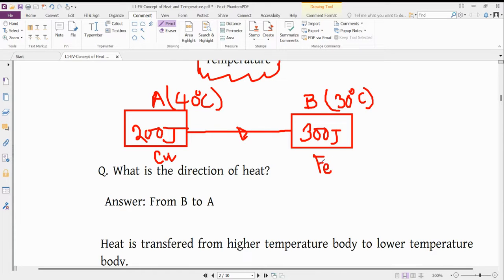As the materials are different, although the heat energy supplied to body A is lower than that supplied to body B, the temperature may be higher because body A is copper and body B is iron.